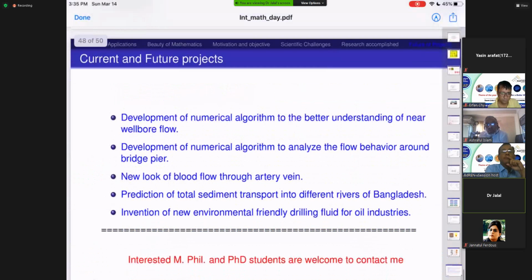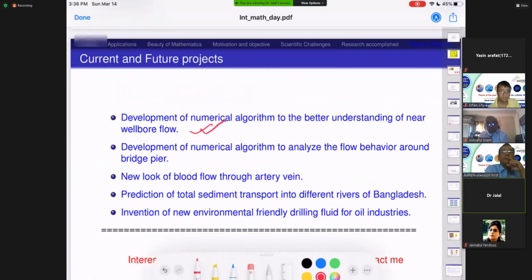Now, current and future projects. Development of numerical algorithms for better understanding of the near wellbore reservoir. This is one current project under my research group. Development of numerical algorithms to analyze flow behavior around a bridge pier. A new look at blood flow through arteries and veins.